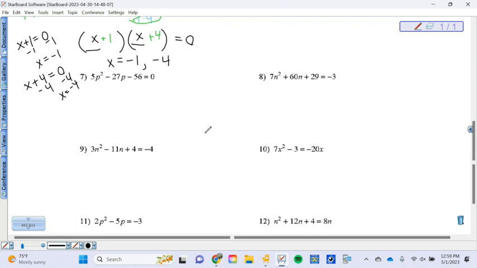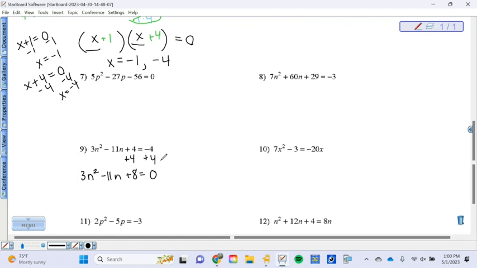Plus 4. Right? So what's negative 4 plus 4? That gives me 0. But if I added 4 to this side, I also have to add 4 to this side, right? So this left side becomes 3n squared minus 11n plus 8 equals 0.